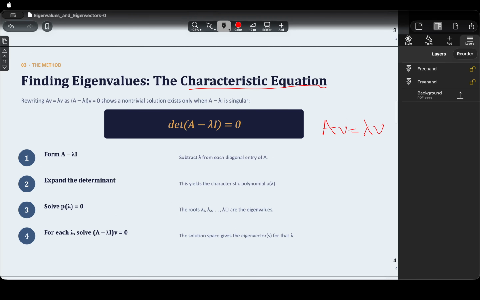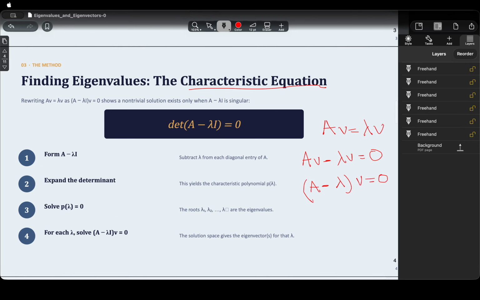So you can write AV minus lambda V equal to 0. You can bring V out, so that I have A minus lambda times V equal to 0.